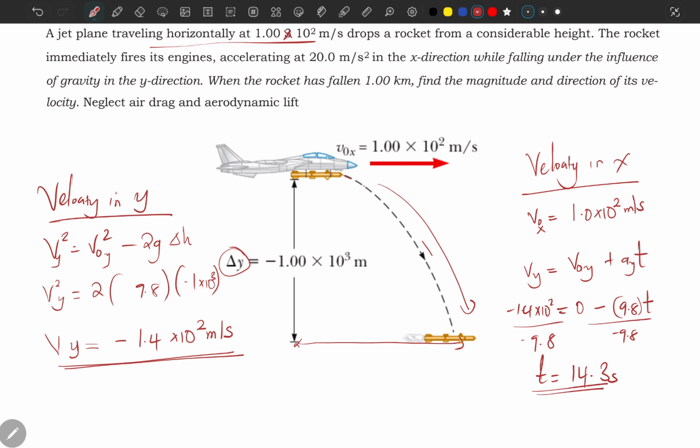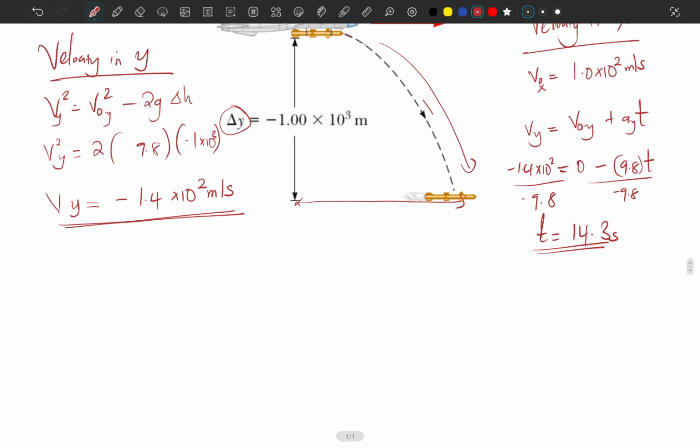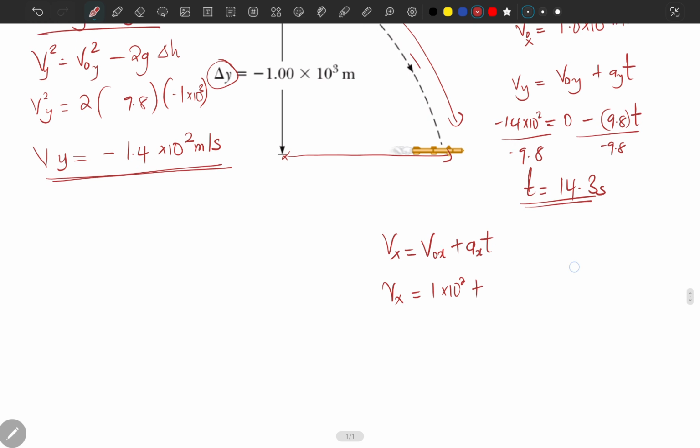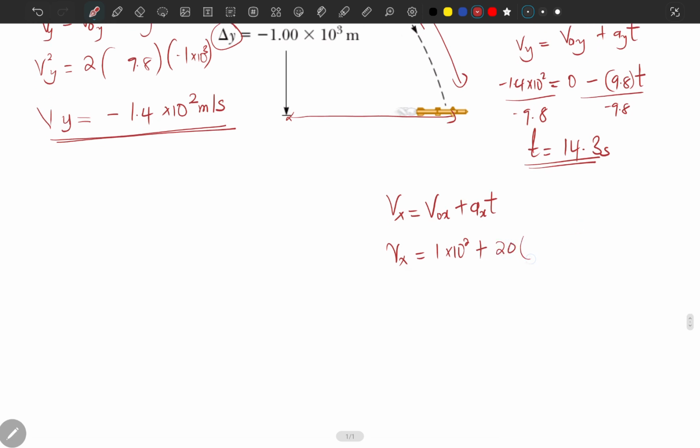Now this time is important because it's going to help us find the velocity in the x, which will be given by v0x plus acceleration in the x times t. Vx, we don't know it. V0x is 1 times 10 to the power 2, plus acceleration in the x, which was given here as 20 meters per second squared, and the time of flight is that.